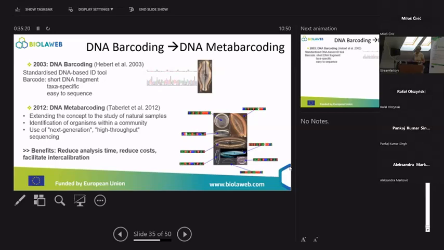It's also a way to facilitate intercalibration, because here we have a tool based on DNA sequences, while in morphotaxonomy the results often depend on the expert analyzing the sample, on his expertise, on his references, the books he uses to work with.